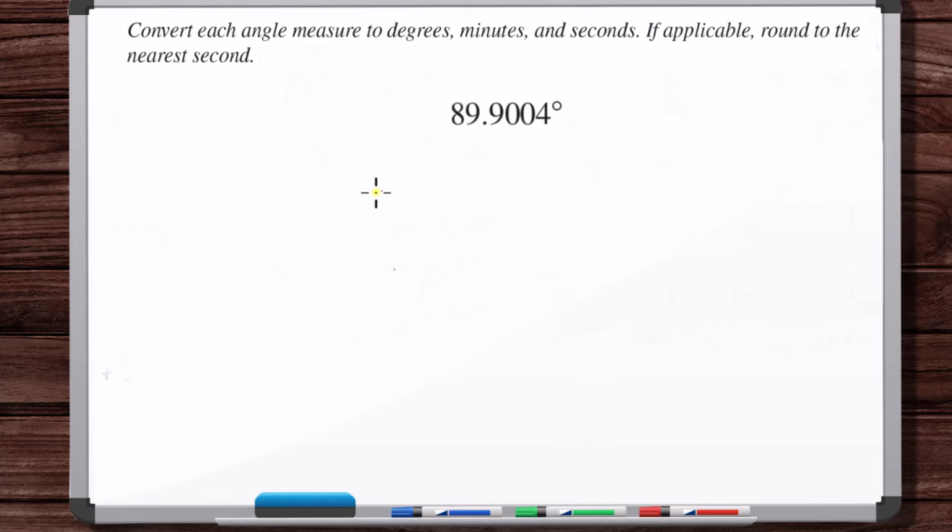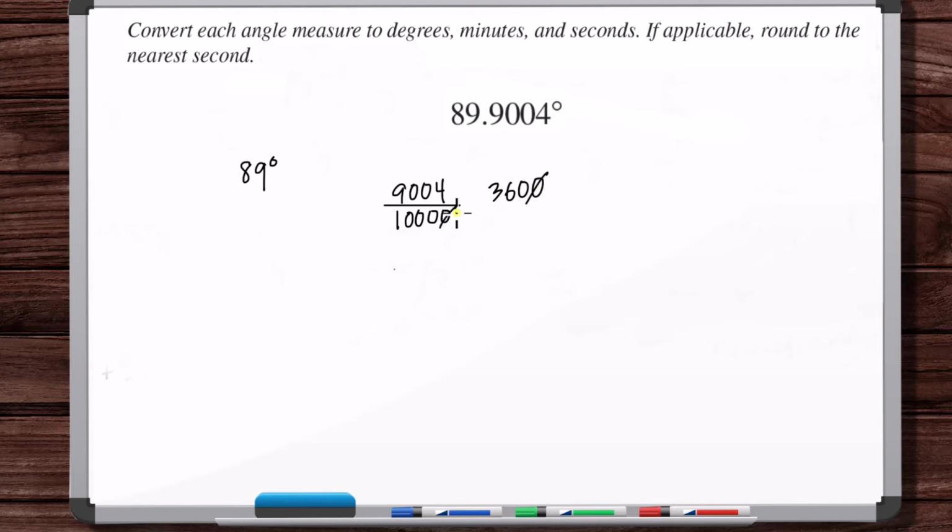All right. So we've got 89 degrees, and then we've got this 0.9004 something, 10 thousandths. And then, so how many seconds is this?